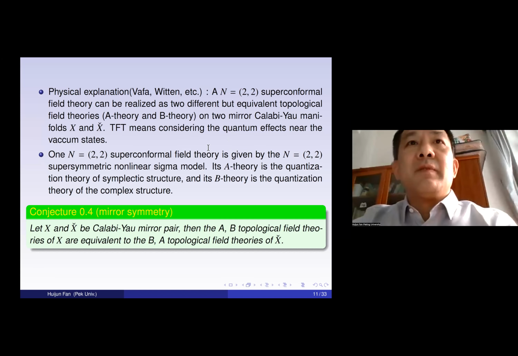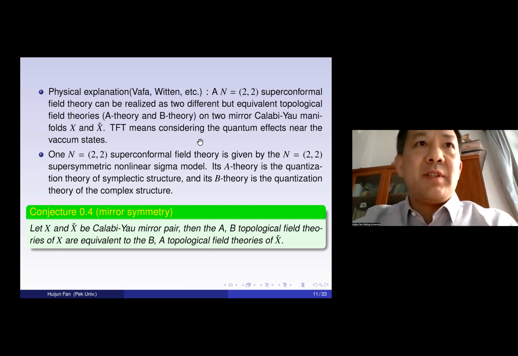So if you believe the world is unique and real, then the observables, even if they are expressed on different geometrical objects, should be the same, right? Here I just explain that the so-called topological field theory means considering the quantum effects near the vacuum states.